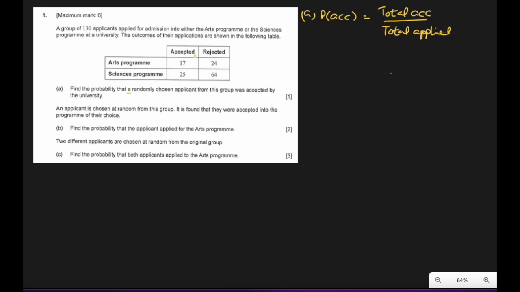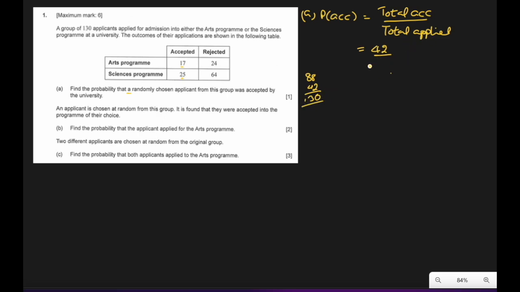Okay, so accepted are these 17 and 25, 42 total students were accepted. Out of, there are how many? 88 here and 42 there. So 88 plus 42 will be 130.